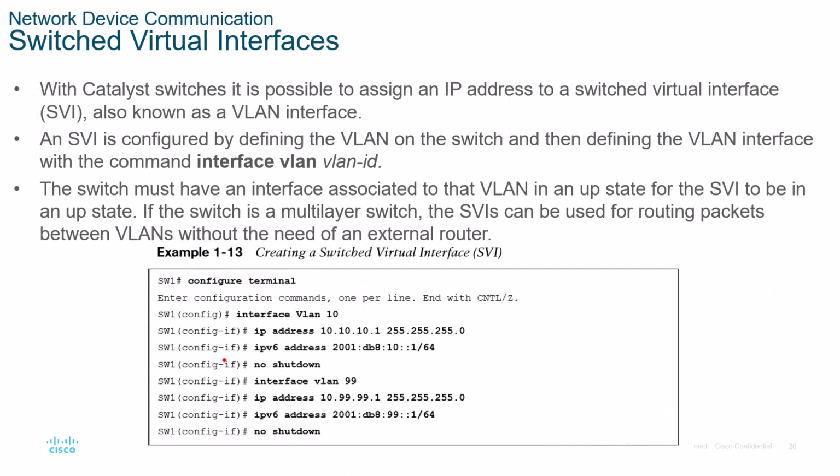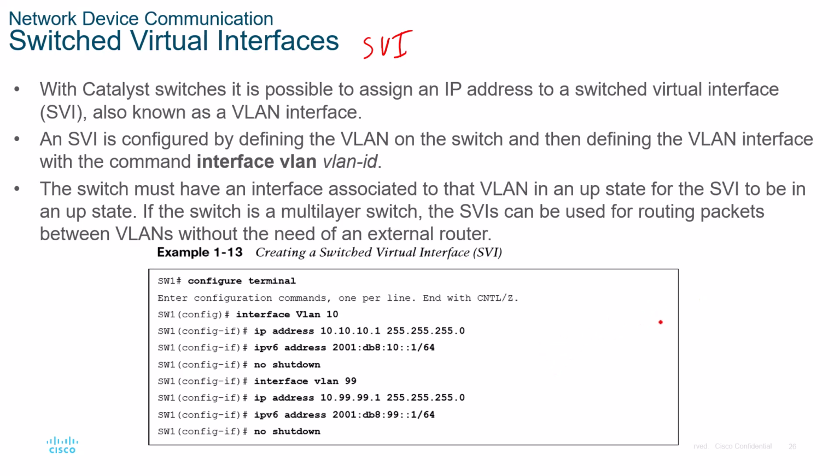Switched virtual interfaces, or SVIs. Earlier I said you can navigate to the VLANs. Interface VLAN 10 will create an interface for VLAN 10. You treat it like a regular interface.